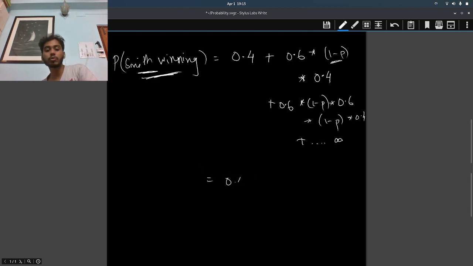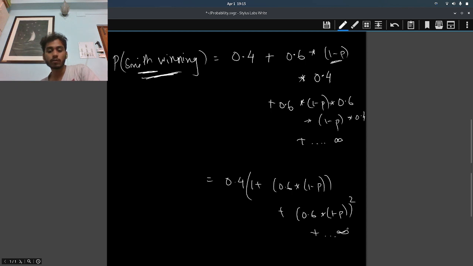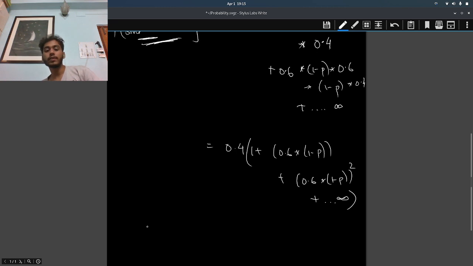So if we take 0.4 common, we will get something like this: 1 plus 0.6 into (1 minus P) plus 0.6 into (1 minus P) whole squared plus dot dot dot to infinity, right? Which means the probability of Smith winning is equal to 0.4 into the GP sum.